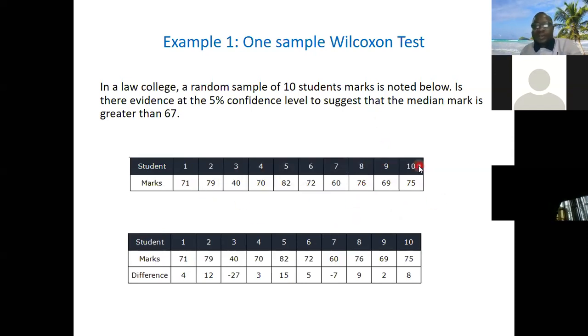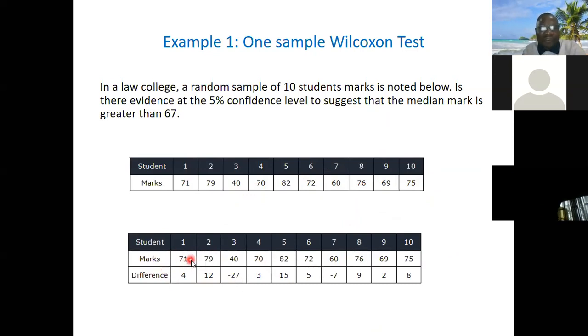So look at this test. These are the numbers of the students, 1 to 10. These are the marks, and we want to compare with a median mark, maybe for the previous class. So the first thing you do is to look at the difference between the median they give and the mark.